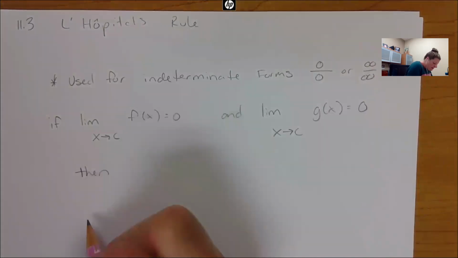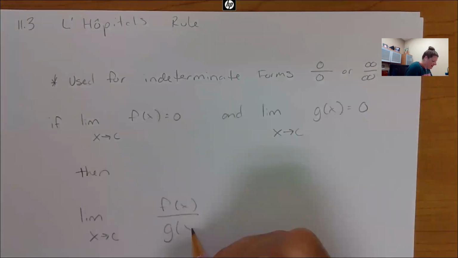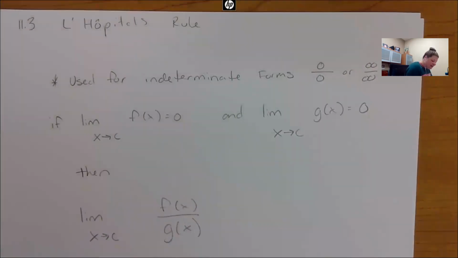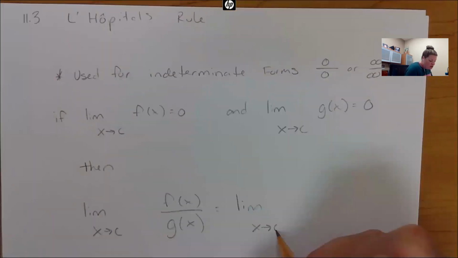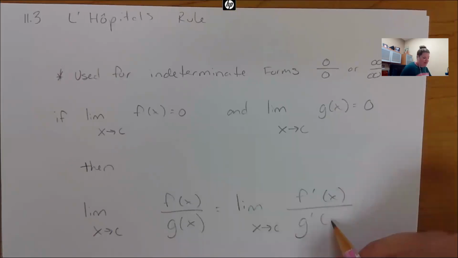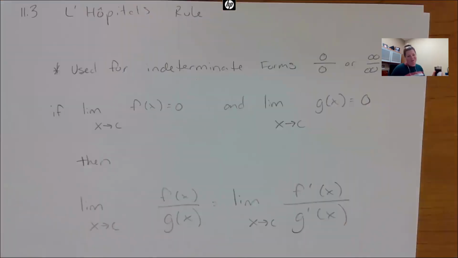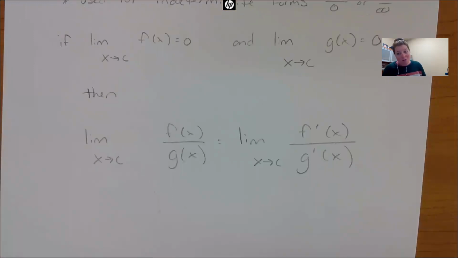Then the limit as x approaches c of f over g, so we basically are defining that it was a 0 over 0, is going to equal the limit as x approaches c of the derivative of the function over the derivative of the function. So we can do the derivative of the top and the bottom, then put the number in when we have that 0 over 0 form instead of factoring. And this could be a lot quicker process than any of the ones we did before. So let me give you some examples.